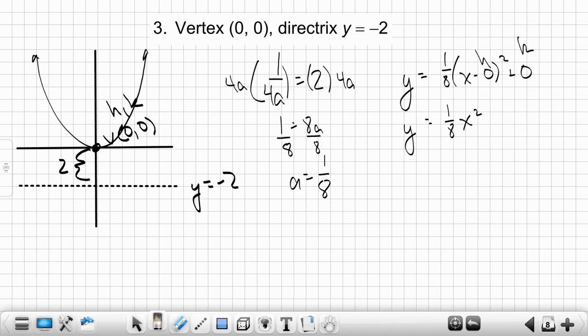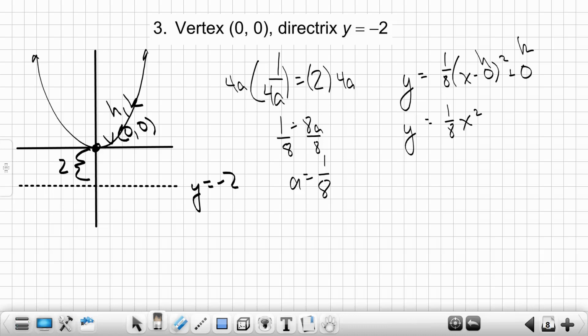Why do you have to do the 1/4a? So we determined way back on our notes, and I know what they look like. On the notes, we said, if we talk about the vertical parabola, the focus is at H comma K plus 1/4a.